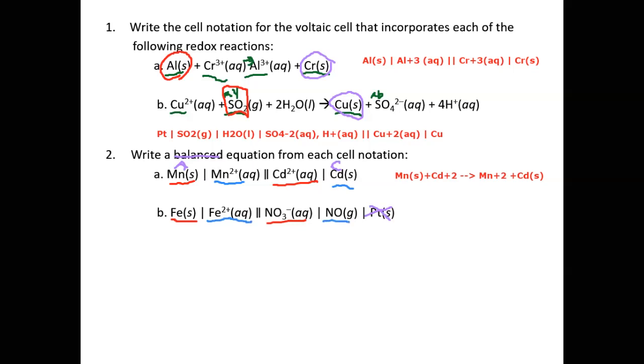So now we want to write our electrochemical reaction: Fe solid plus NO3 minus aqueous yields Fe 2+ plus NO gas. Notice that platinum is not involved in the reaction. It's just an inactive electrode. We're going to show how to balance these in just a moment, but this is how you take the notation and write the chemical equation.